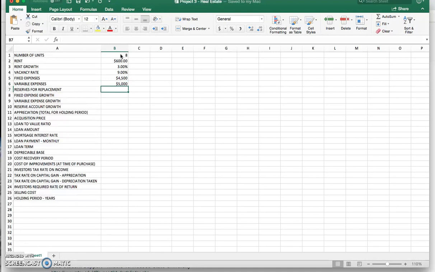And reserves for replacement are going to be $4,500 as well. Then fixed expense growth 3%. These next 3 are actually all going to be 3%. Appreciation total for holding periods 10%.